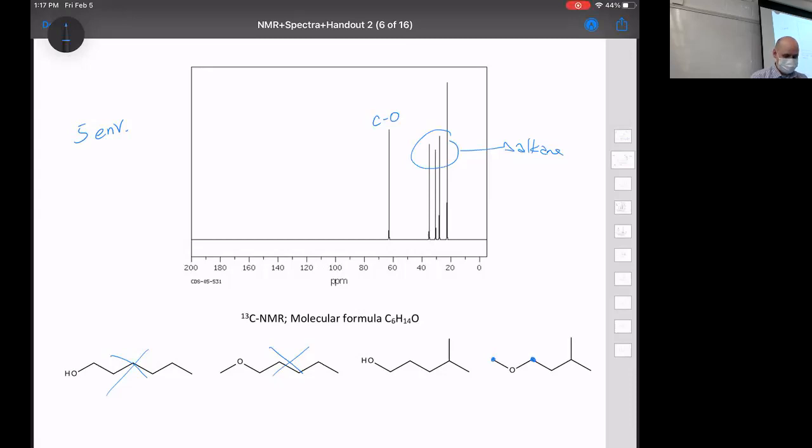So if this was our molecule, it would have 2 peaks in the 60 to 90 region, and then only 3 peaks down in that alkane region. This one right here only has 1 carbon that's right next to the oxygen, and then it would have A, B, C, D, and there's symmetry of that split end there. So you would have 4 peaks in the alkane region and 1 in that 60 to 90 region. So that's why this one works.